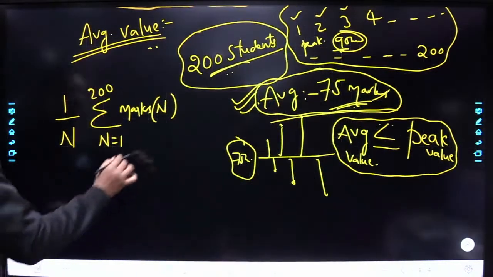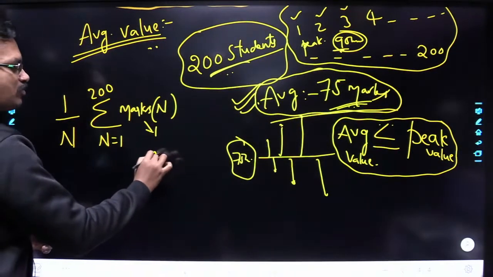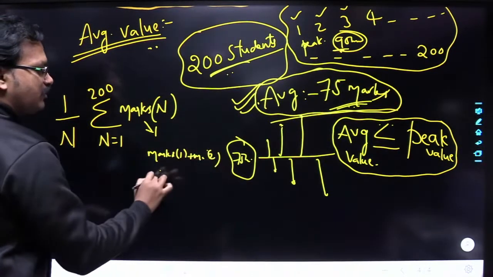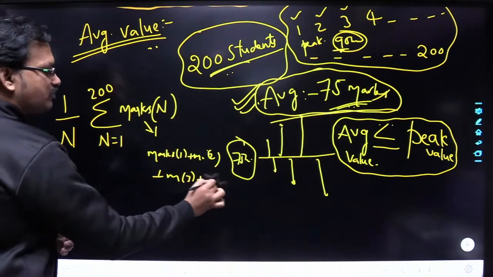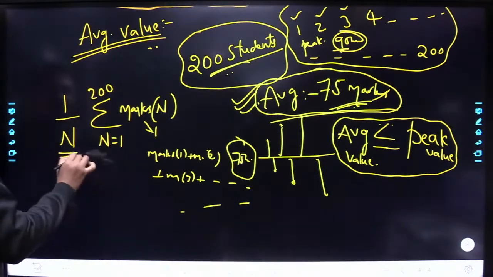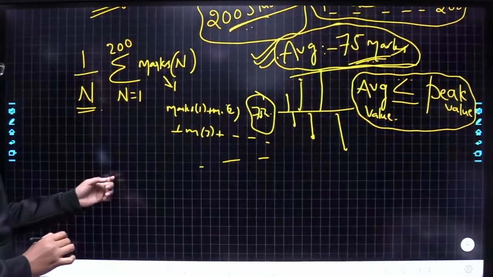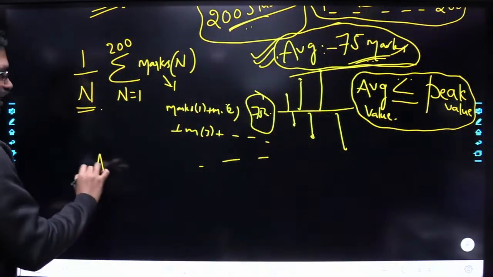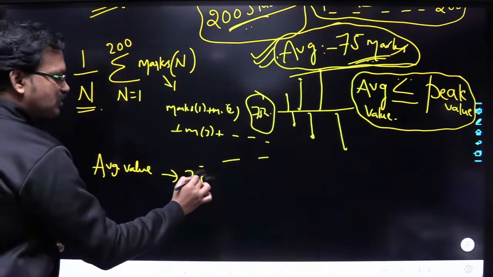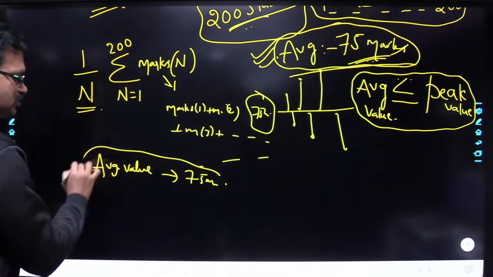So marks of the first person plus marks of the second person plus marks of the third person, and so on. If you add up all this and divide by the total number, you are going to get the average value. Let us say you got some 75 marks. Understood?